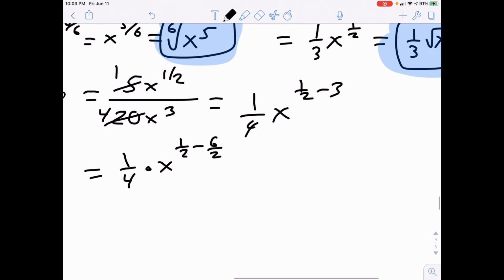6/2, 6 divided by 2 is 3. Well, that would be the same as 1/4 times x to the negative 5/2. 1 minus 6 is negative 5.